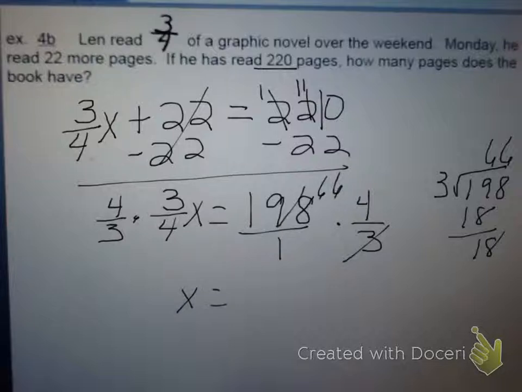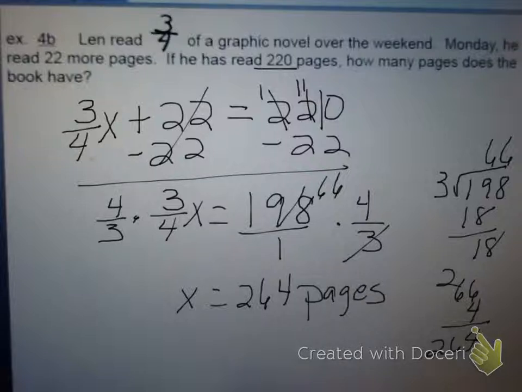And then I have to multiply 66 times 4. That's 264 pages. So always check to make sure your answer makes sense. And that's about right. That makes sense. So the book has 264 pages.